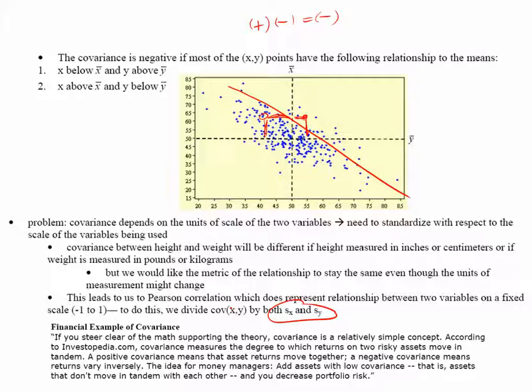A negative covariance means that the returns vary inversely. So the idea for money managers, we want to simply add assets that have low covariance because when one asset goes up, the other asset goes down, and we can reduce or decrease the overall risk in the portfolio.